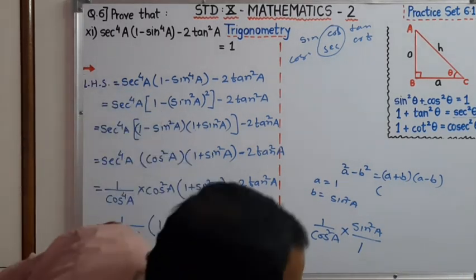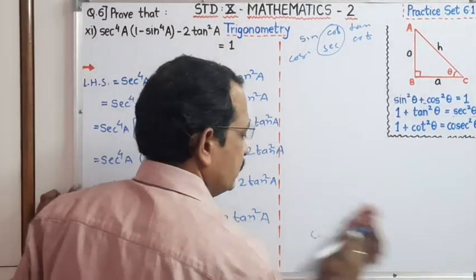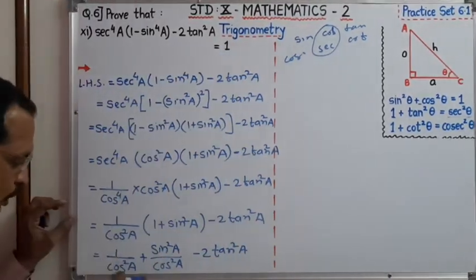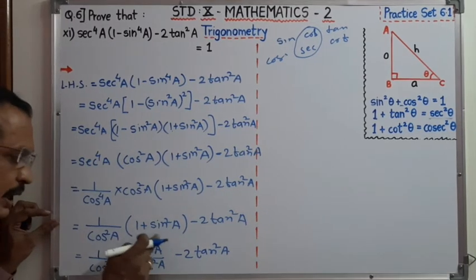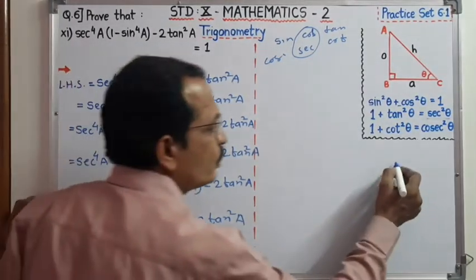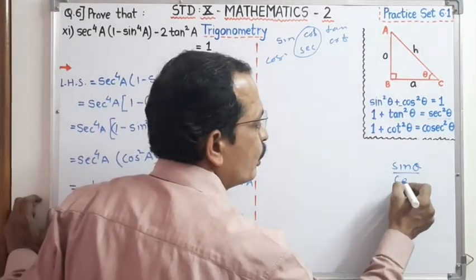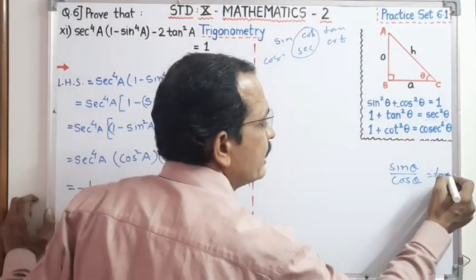Now dear student, see, we require it as 1. For that purpose, 1 upon cos^2 A plus this sin^2 A upon cos^2 A. We know that sin theta upon cos theta is equal to tan theta.